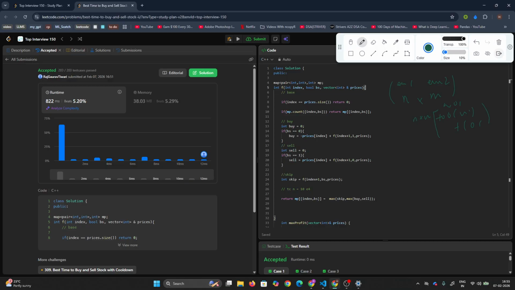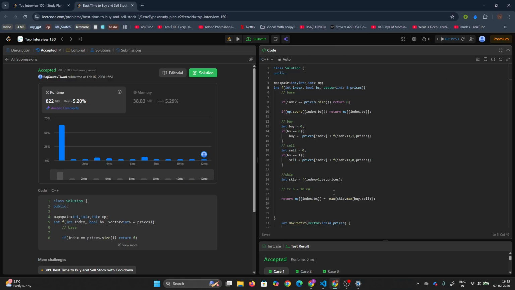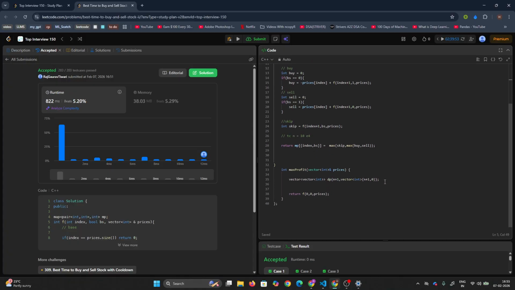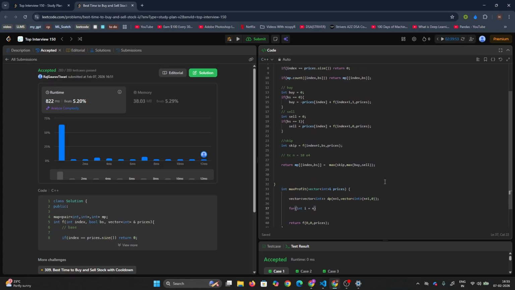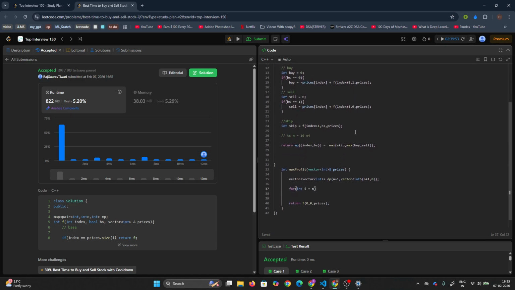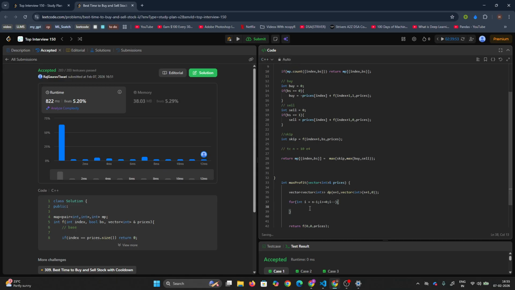So let us write that in the code. Computing both the possibilities, we would have for int i equals n minus 1, i greater than or equal to 0, i minus minus. Why have I done i equals n minus 1?